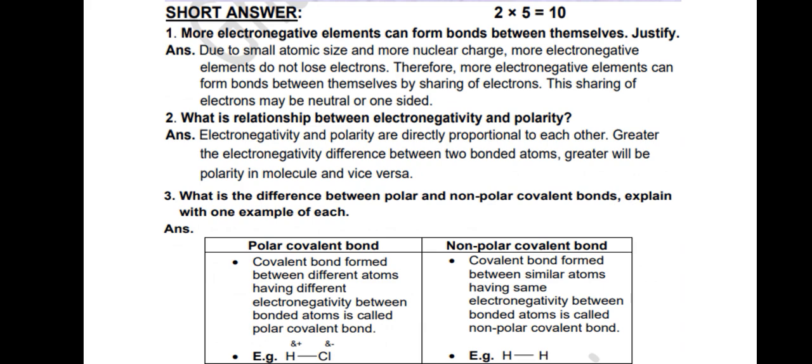What is the difference between polar and non-polar covalent bond? Explain with an example. Polar covalent bond means a difference of electronegativity, as we have discussed earlier in the previous question. And non-polar covalent bond means the bond formed between similar atoms, like hydrogen, hydrogen, nitrogen, nitrogen, oxygen, oxygen, etc.